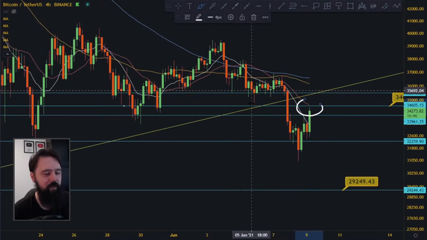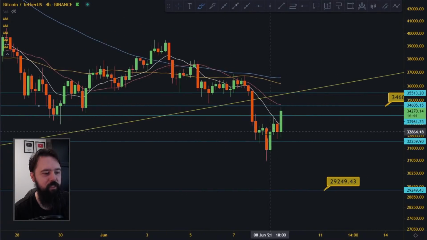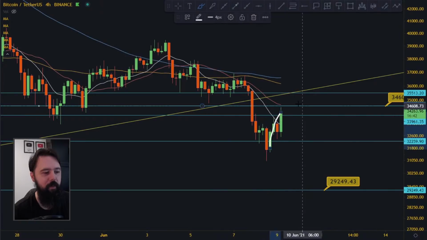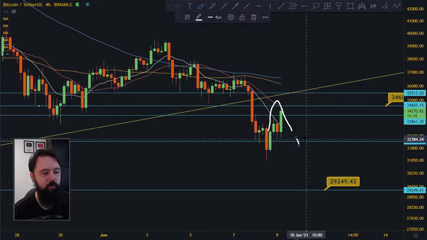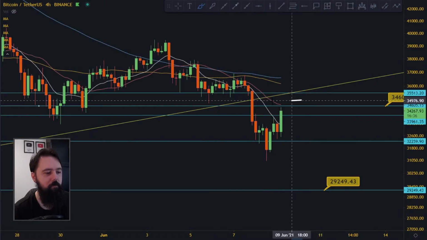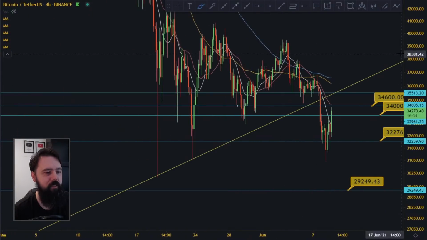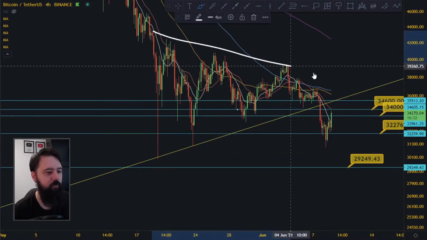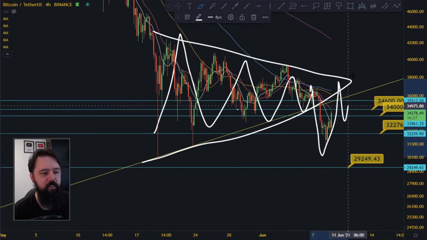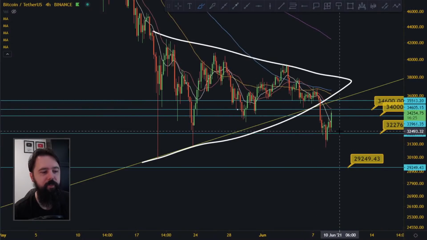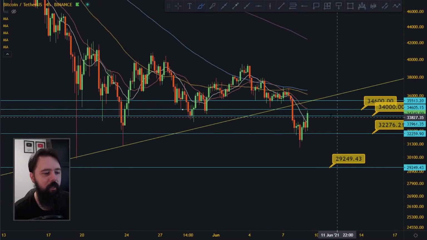To me it just seems like a small rally to the upside from the bigger move to the downside, and we might get rejected and continue going down, but nothing is in the books yet. This also might be, like I said before, some kind of spring. We go into this triangle, we get the spring and then continue going up. So the spring might actually be happening right now.